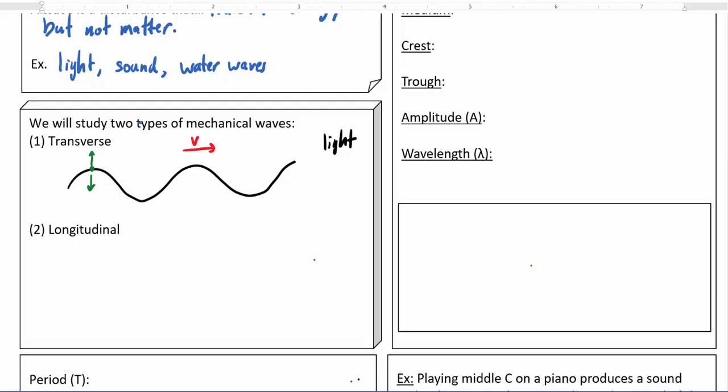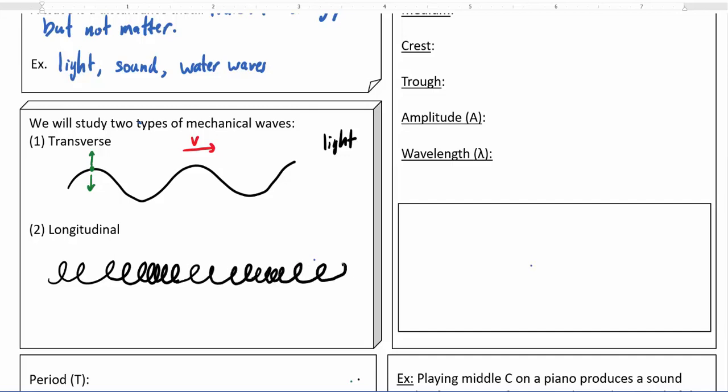By comparison to that, we also have longitudinal waves. And longitudinal waves are compression waves. If you imagine you took a slinky and pushed it, you might have an area where the spring is really spread out, followed by an area where it's really compact, and spread out, and so on.